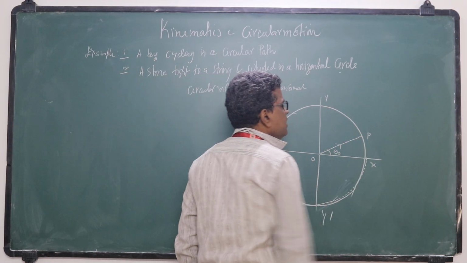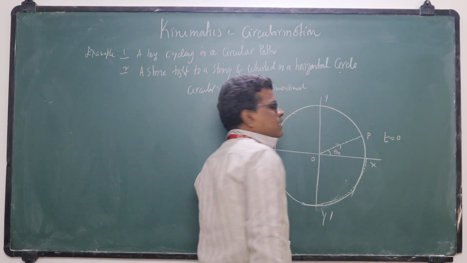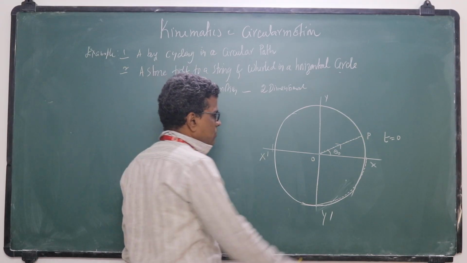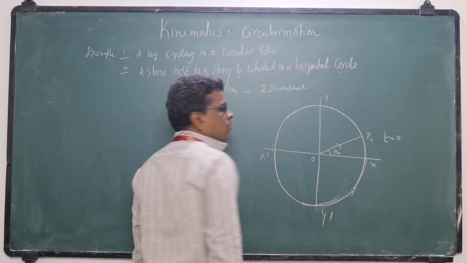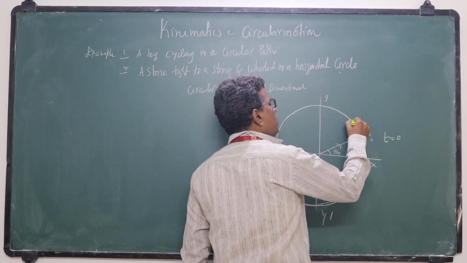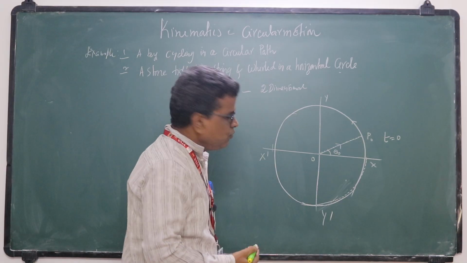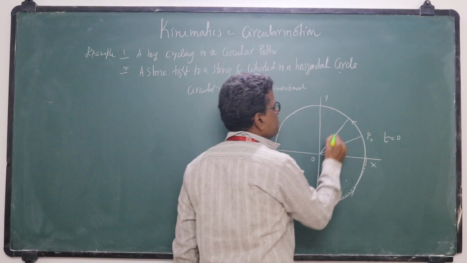Now let the initial position of the particle, at t = 0, be P naught. I assume that it is moving with uniform speed.